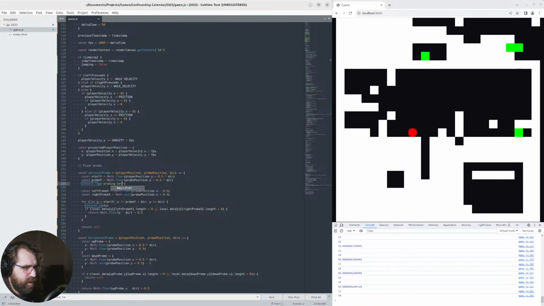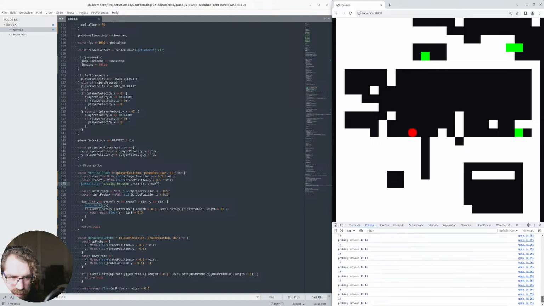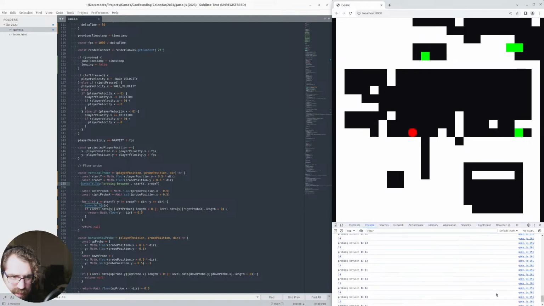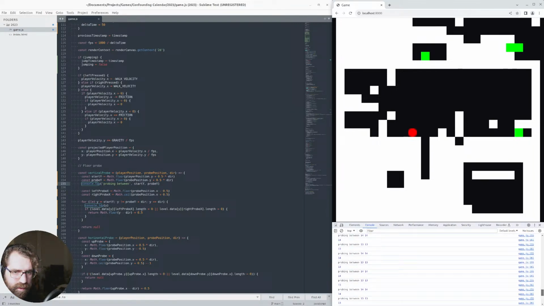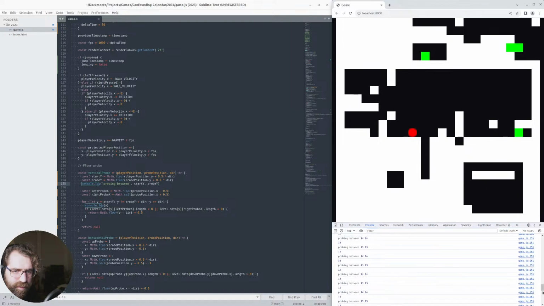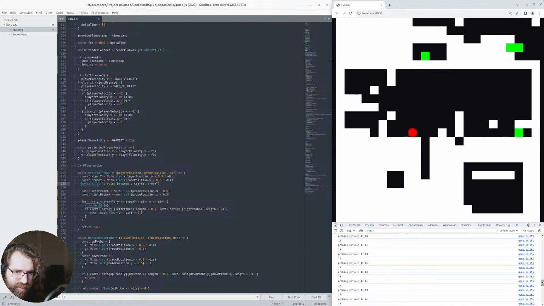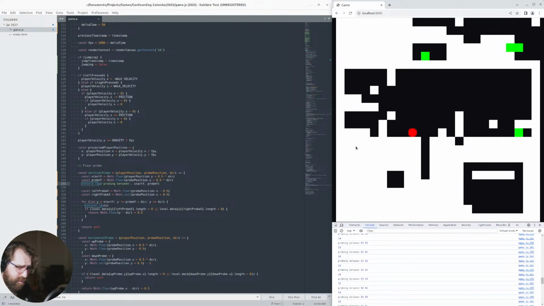Probing between start Y, probe Y. 13, 13, 14, 14. Is that currently looping? Yes. Okay. That kind of makes sense because I'm falling into the floor and then getting pushed out of it.